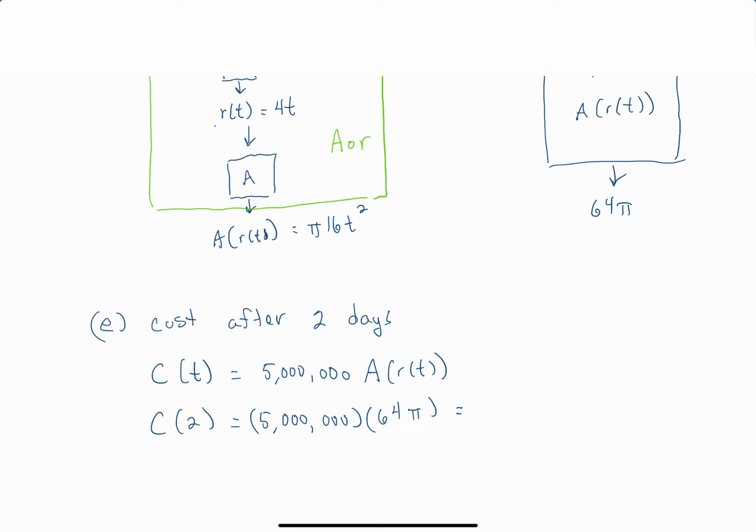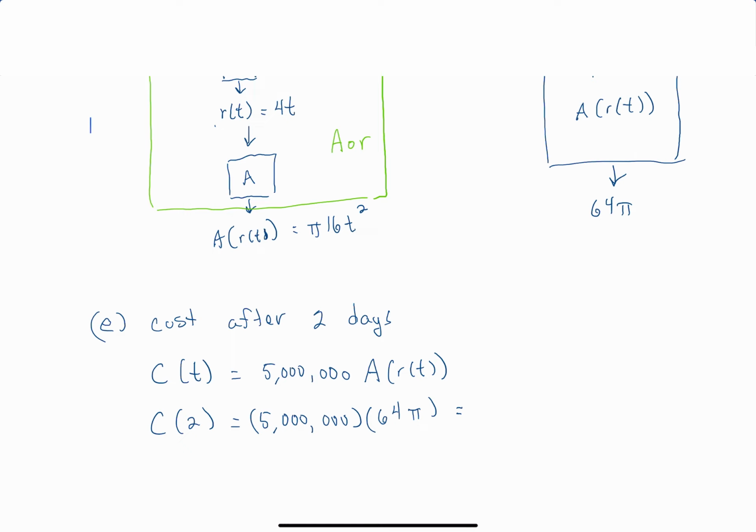So here we go. 5 million times 64 times, and then I'm going to use the pi button on my calculator, equals, and now I'll round off my final answer.